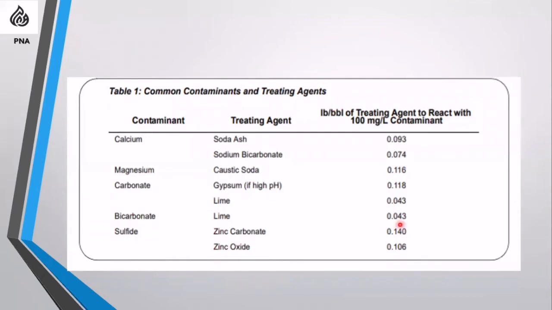Bicarbonate has the same factor as lime. Sulfide, zinc carbonate, 0.140, or zinc oxide 0.106. So we have to know these factors to determine the quantity of treating agent to treat the contaminant when we face it.